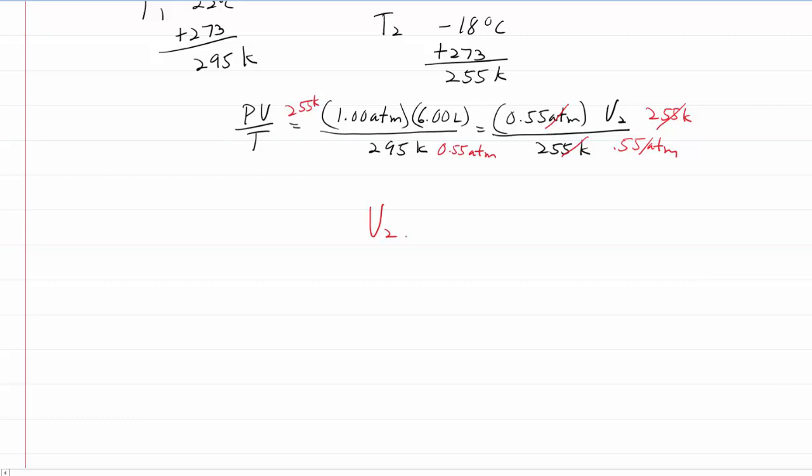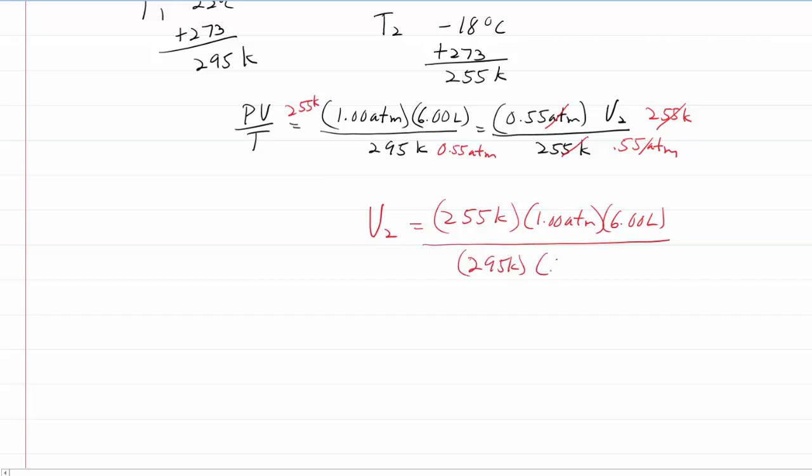And V2 is 255 Kelvin, 1 atmosphere, 6 liters, over 295 Kelvin, 0.55 atmospheres. This is my P2.